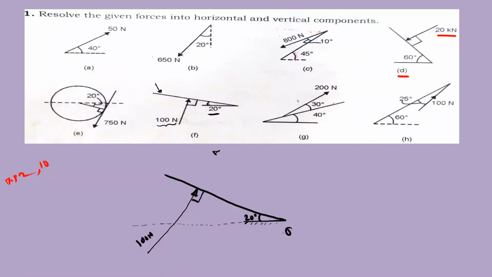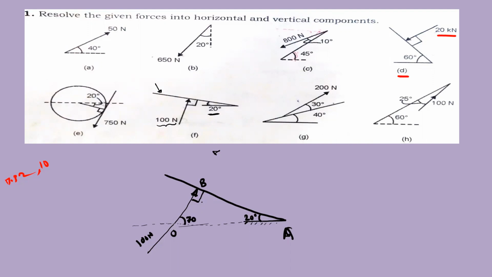Assume this as A, this is point B, and this is point O. In this triangle ABO, this is 90 degrees, this is 20 degrees, so this angle is 70 degrees, which is 90 minus 20.